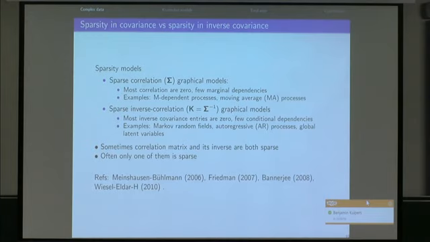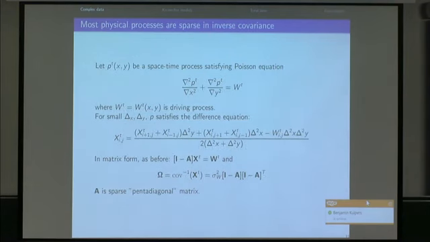Global latent variables are not Markov random fields, but can be conditioned to have a structure like that. To see if I can convince you of this, I take a particular example of a physical process. I make the bold claim that most physical processes are sparse in the inverse covariance.